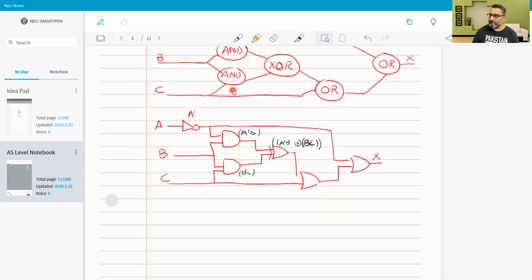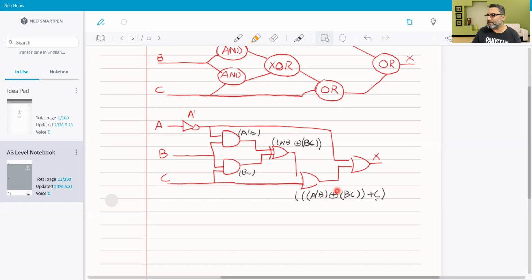And then we have A naught B exclusive OR B and C plus C, and then the bracket which is actually for this OR belongs to this gate, this exclusive OR belongs in here, and this bracket is over this OR gate.